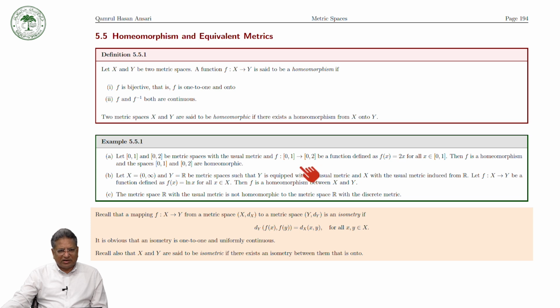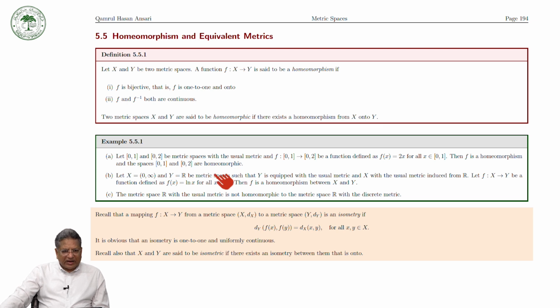Then you can see that this function is 1-1 and onto. The function f(x) = 2x is continuous, the inverse is also continuous, and then f is a homeomorphism and the spaces [0, 1] and [0, 2] are homeomorphic.